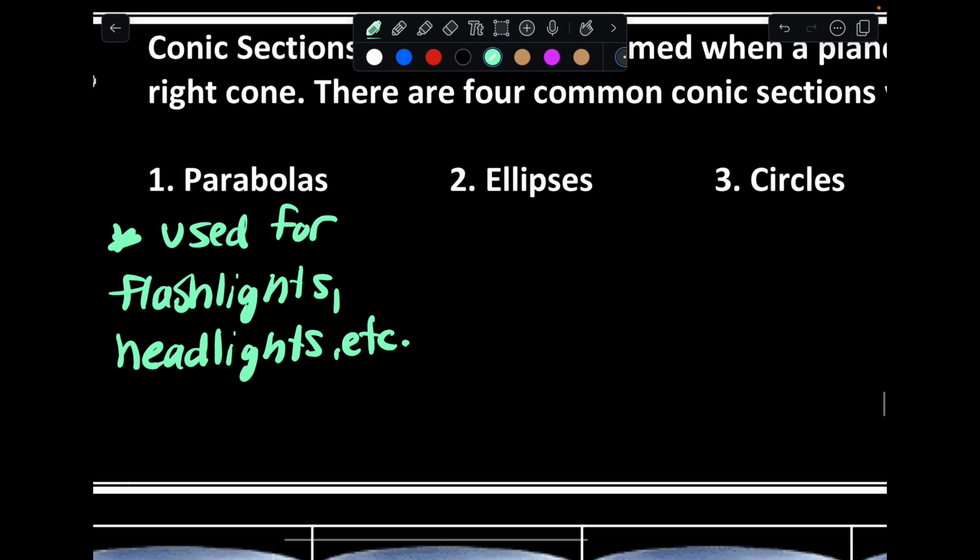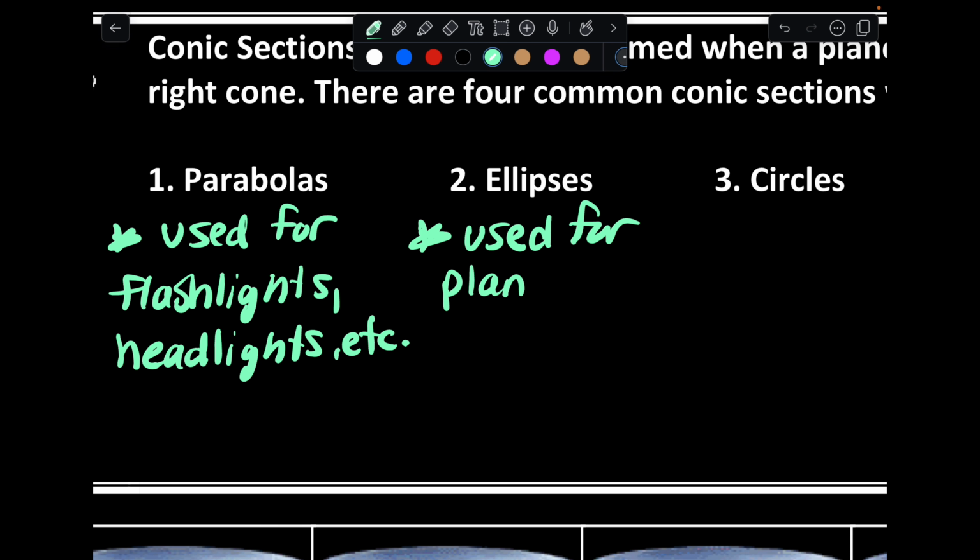The second conic section is called an ellipse. We use ellipses for planetary motion, such as how the Earth orbits the sun. It does not orbit in a perfect circle. It does bend depending on the direction that it is going, and we can model that using an ellipse, three-dimensional and two-dimensional.